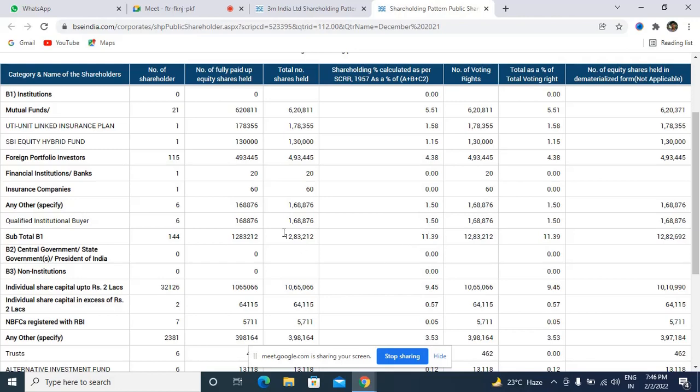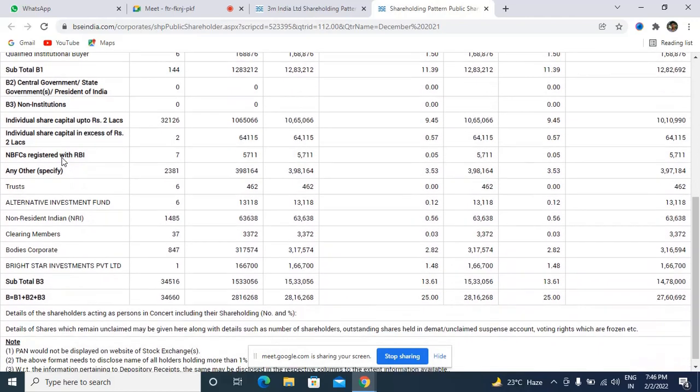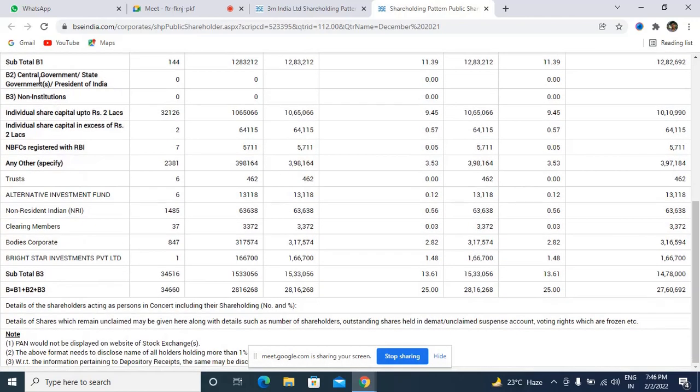This category, so like that. If you scroll down a bit, the central government, state governments or the President of India don't hold any stake here. Non-institutions, so this is quite important. Individual share capital up to 2 lakhs, individual share capital in excess of 2 lakh.